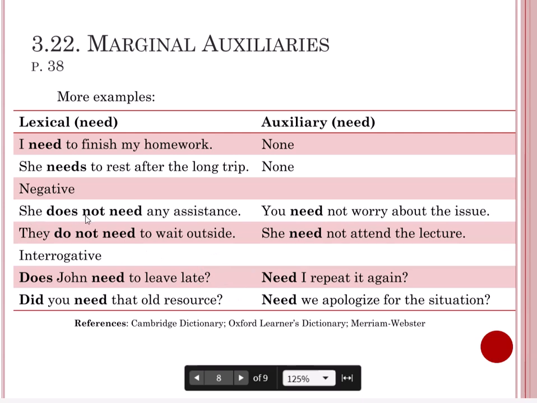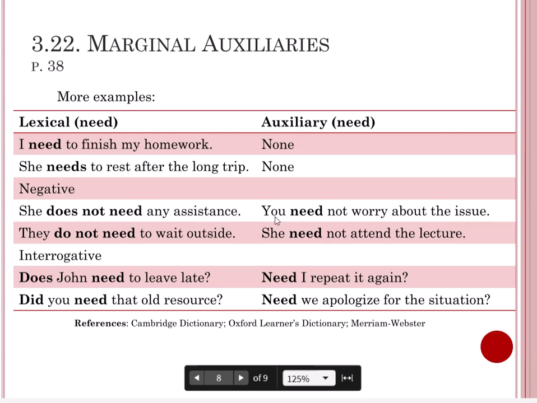So with negative, she doesn't need any assistance. Look, we have the addition of the operator do in order to carry the operation of negation. And we have the verb need, which is not followed by to because, as you can see, there is no other verb following the verb need. So we don't need this particle to to separate the two verbs.